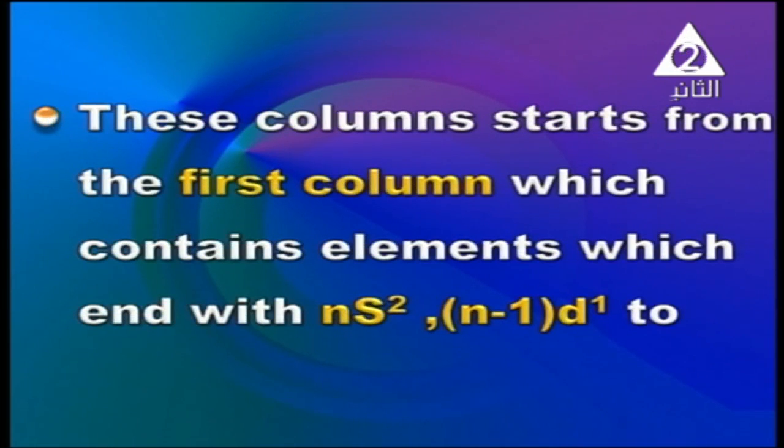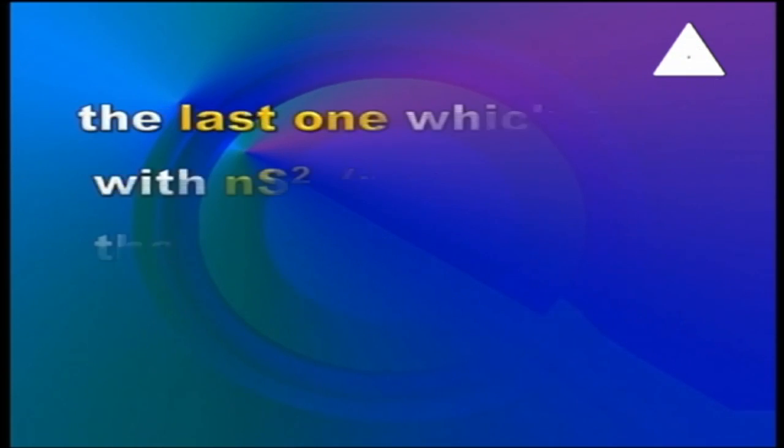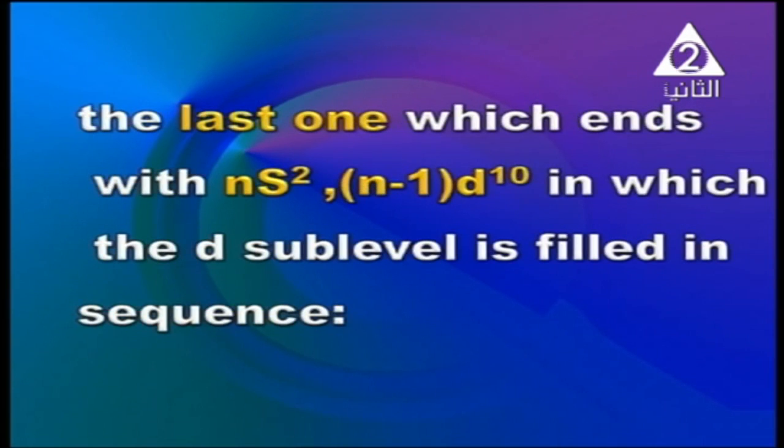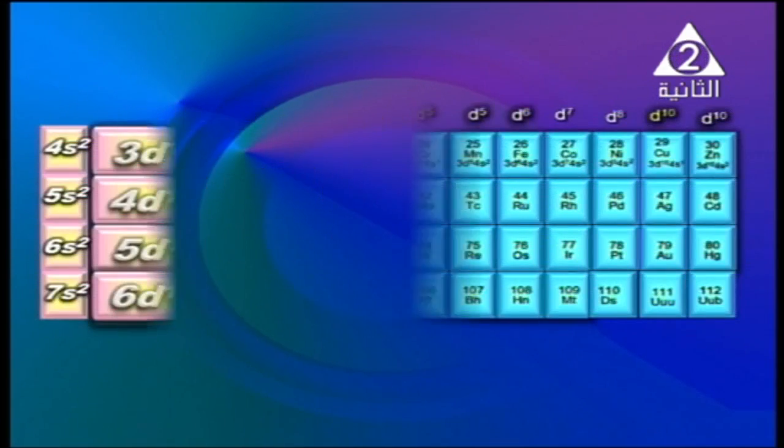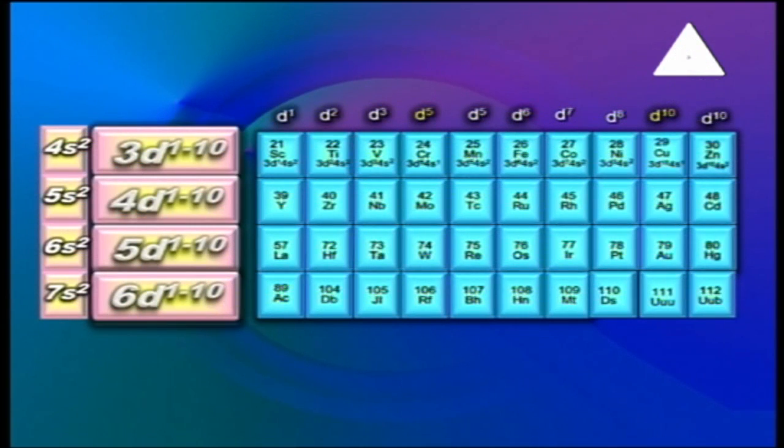These columns start from the first column, which contains elements whose electronic configuration ends with ns2 (n-1)d1, to the last one, which ends with electronic configuration ns2 (n-1)d10, in which the d sublevel is filled in the sequence shown on the screen: 4s2, then 3d from 1 till 10, then 5s, and then 4d from 1 till 10, and 6s2, 5d 1 till 10.